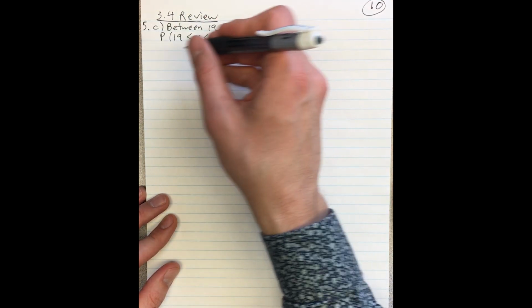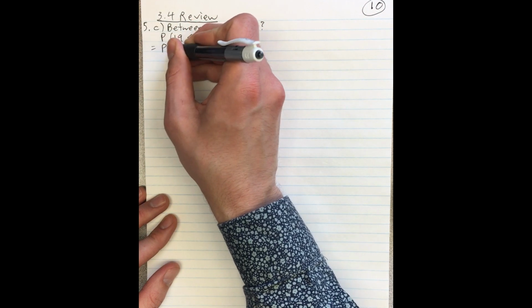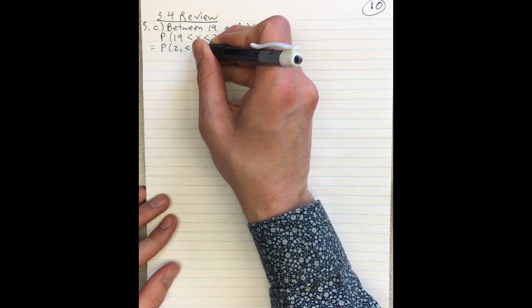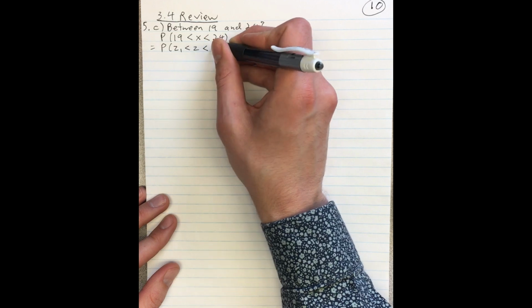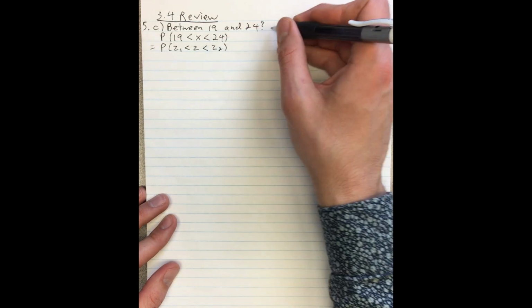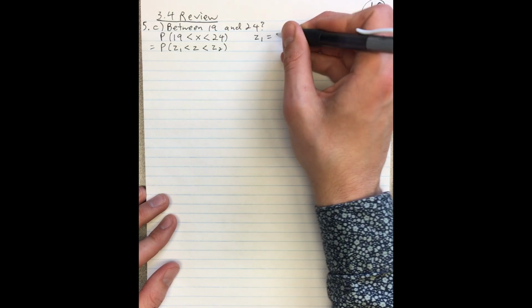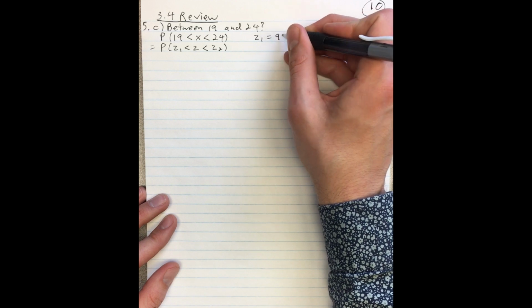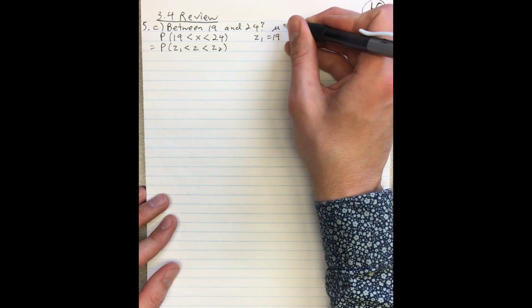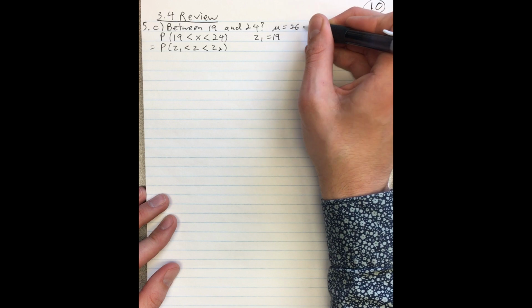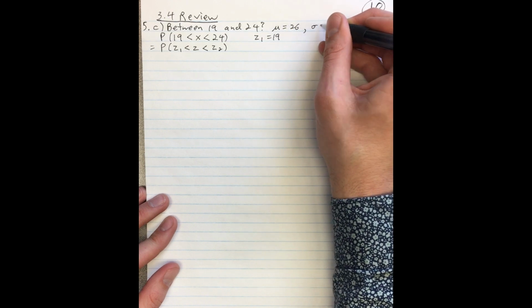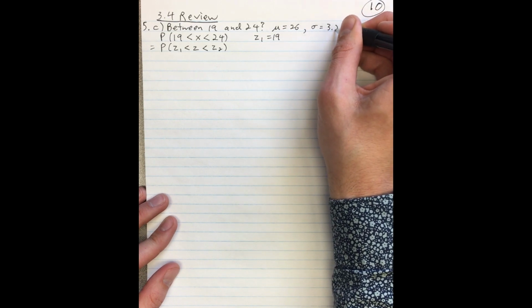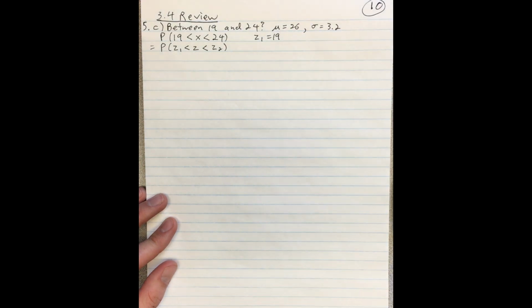All right, and so from here, what do we want to figure out? Well, we have to figure out two Z's, right? This is equal to the probability that Z is between Z1, which we don't know yet, and Z2. So let's figure that out. Z1 is going to be equal to 19. Oh, and let's not forget, mu here is equal to 26 years, and sigma is actually equal to 3.2.